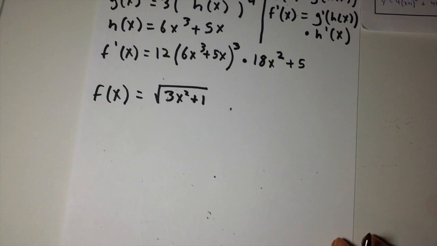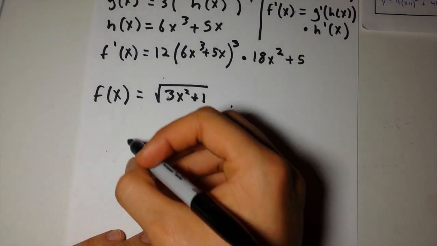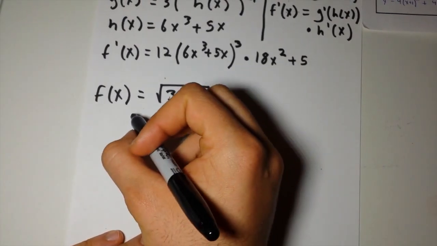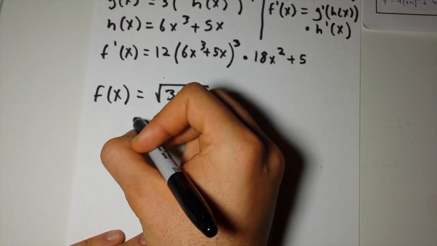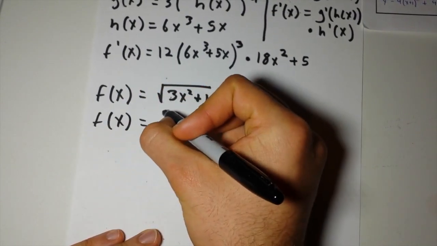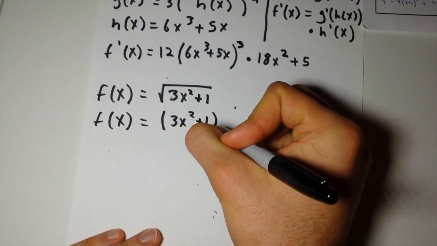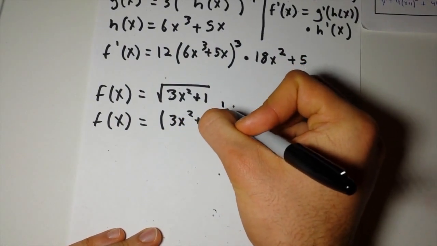So it is a power on the outside, and then another function on the inside, quadratic in this case. So we can transform this into 3x squared plus 1 to the power of 1/2.